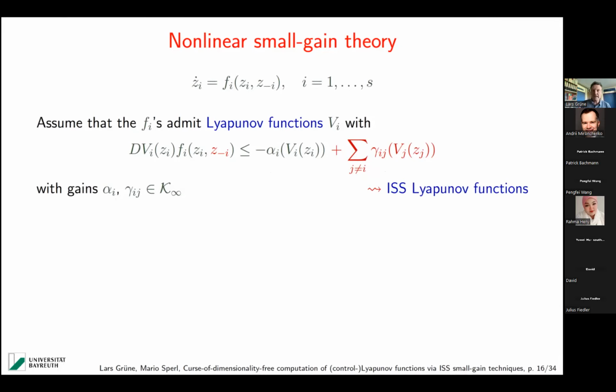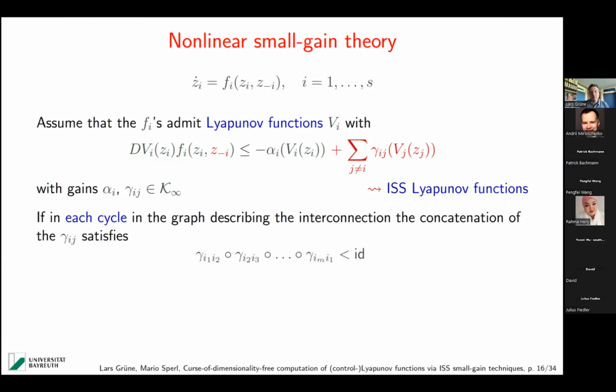Now I'm simplifying a little bit, and I know that there are experts here, so please do not be too harsh with me. Essentially, the condition can be written down as follows. We look at the graph that describes the interconnection, a directed graph which basically has an edge whenever system i influences system j. And then we look at all the cycles in this graph, and along all the cycles we have this condition here.